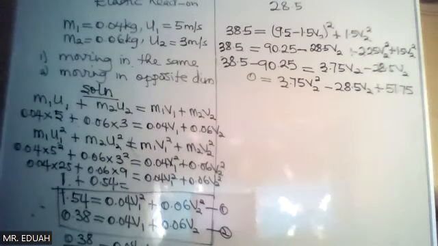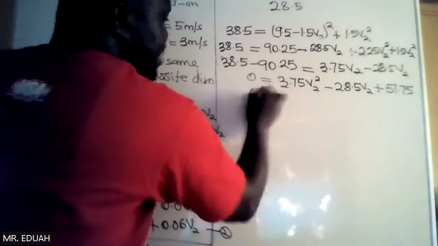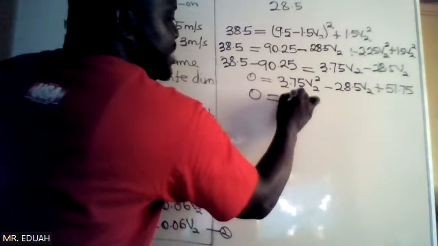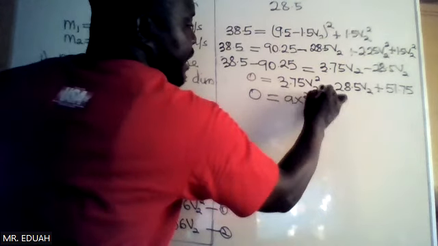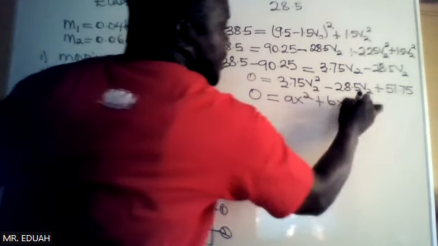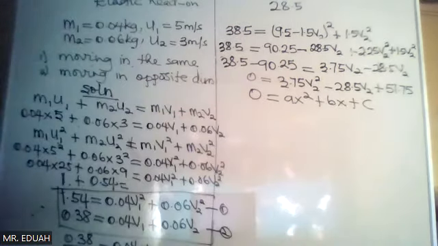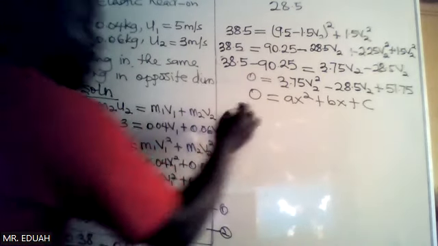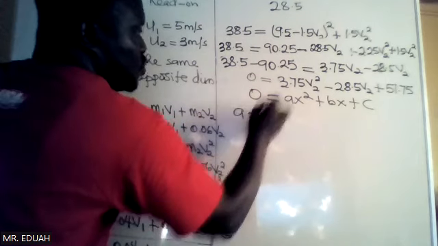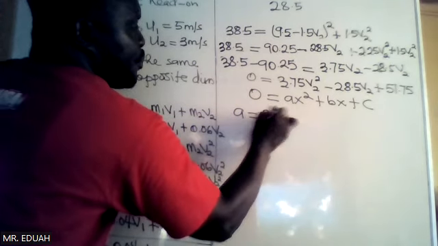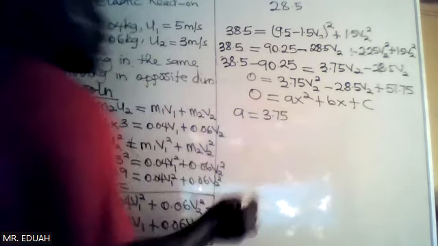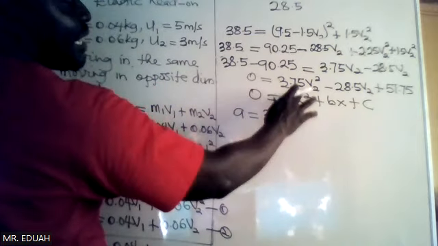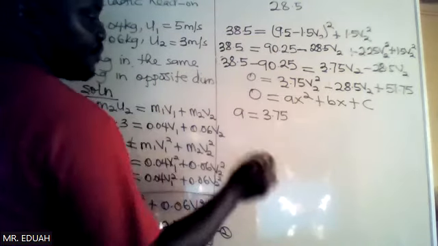Good. So this is the quadratic equation we have. Now we compare this to the almighty quadratic equation formula, ax squared plus bx plus c. When we compare, a is equal to 3.75 because x is V2.